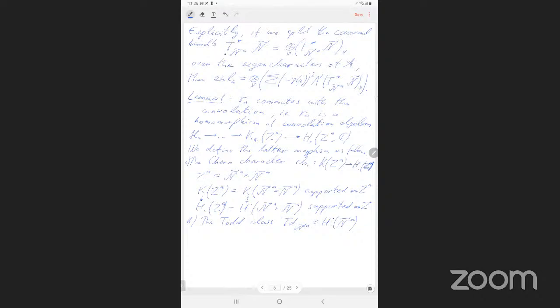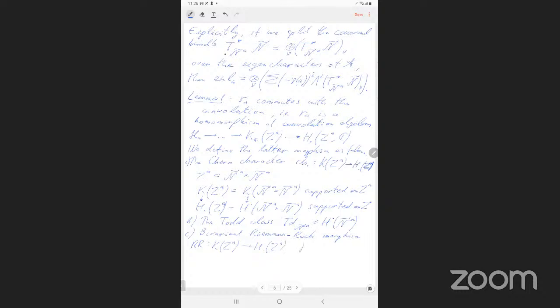And now, finally, there is the bivariant Riemann-Roch morphism. And that's what we need. Riemann-Roch from the K-theory to Borel-Moore homology.